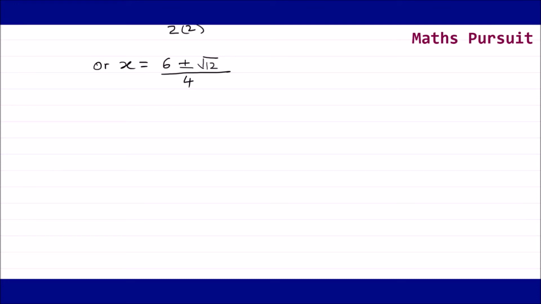Now I can write x is equal to 6 plus root over 12 upon 4, and the other one is x is equal to 6 minus root over 12 upon 4. So these are the two parts that I can make out from the above equation.